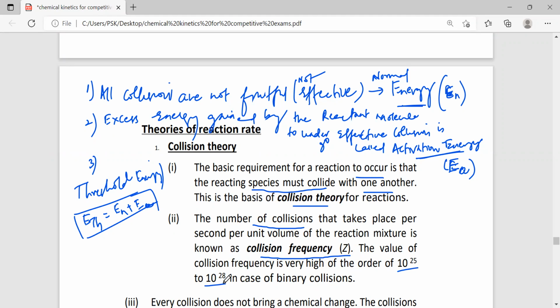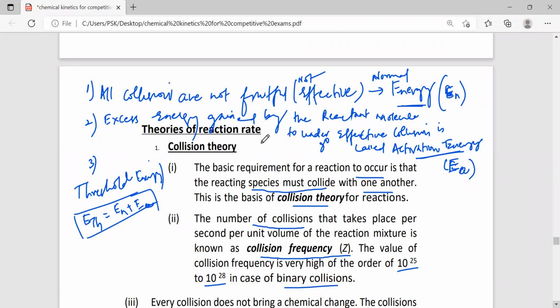Just imagine, 10 to the power 25 to 10 to the power 28 collisions per second for a binary collision. That means collision is very, very fast. So the number of collisions per second per unit volume is called collision frequency, and it's represented by the letter Z.